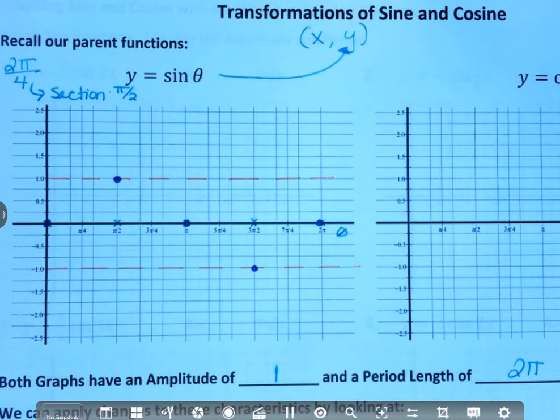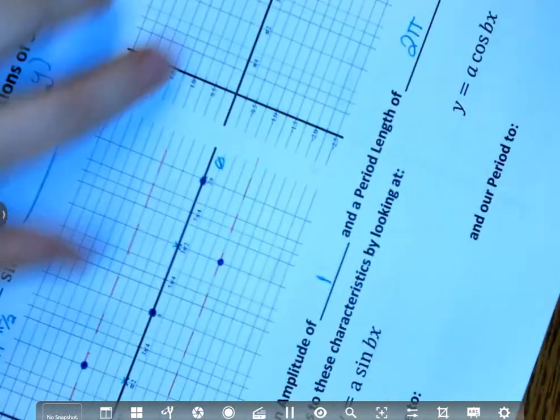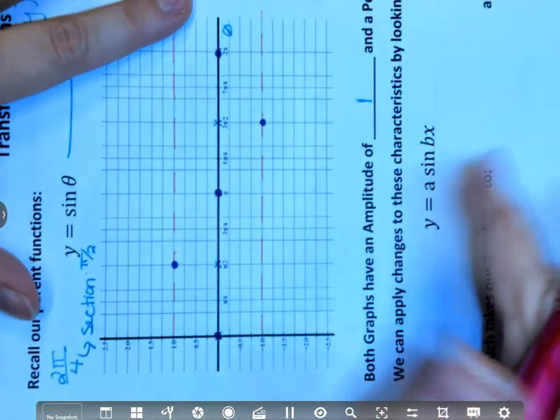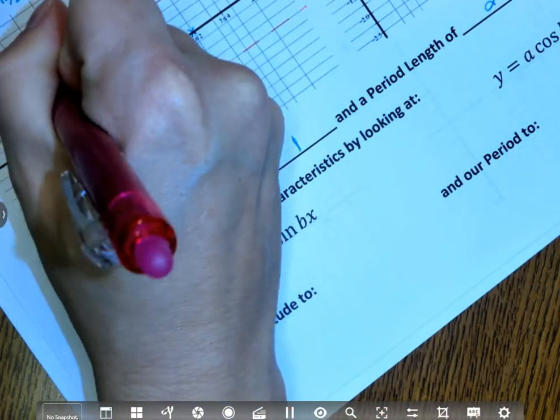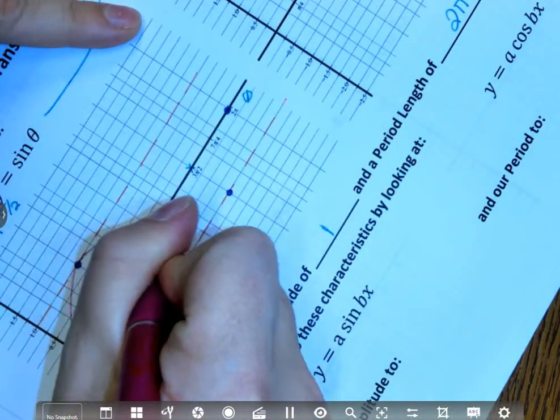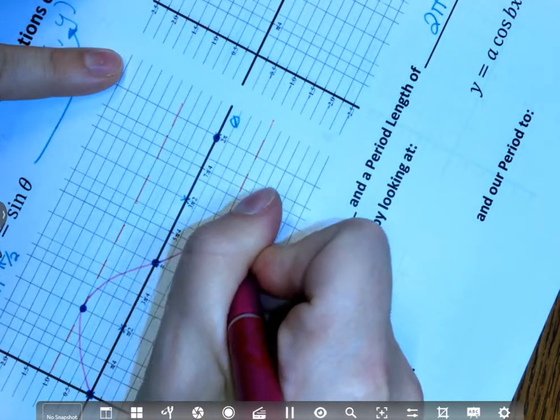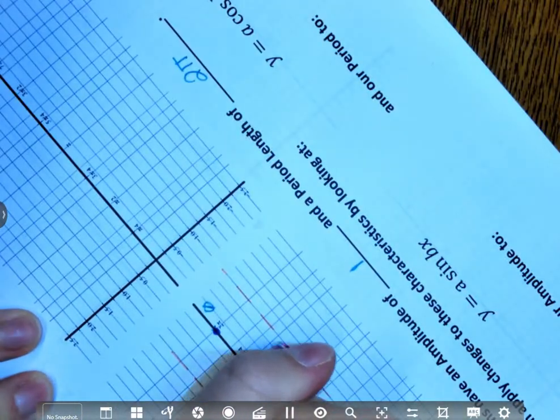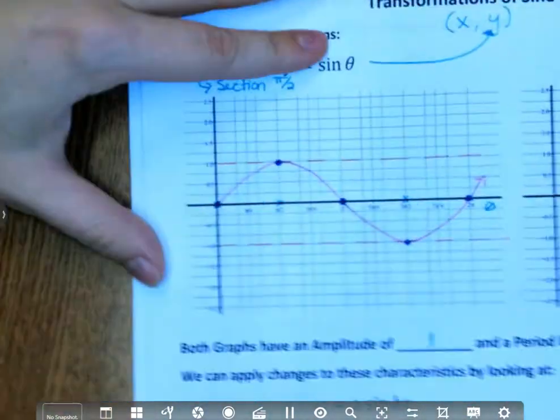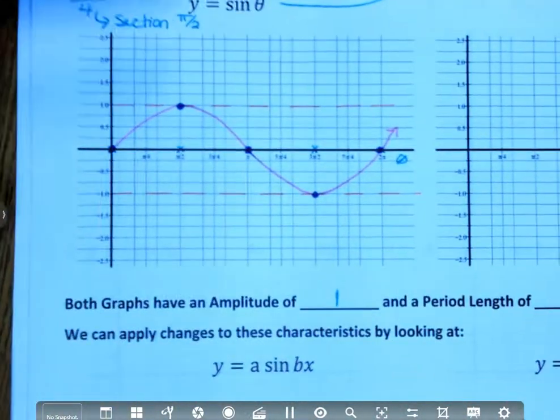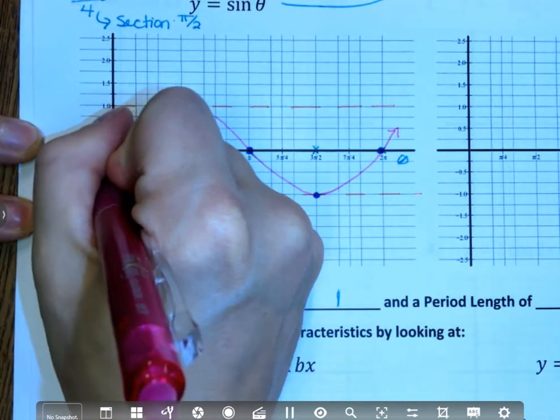Not V's, not straight lines, but actual waves. And in all honesty, the answer to that question for me depends upon which way I hold my paper. So I have to hold my paper sideways. And there, my dears, is my absolutely lovely sine graph.